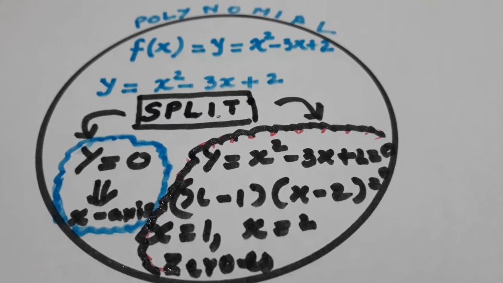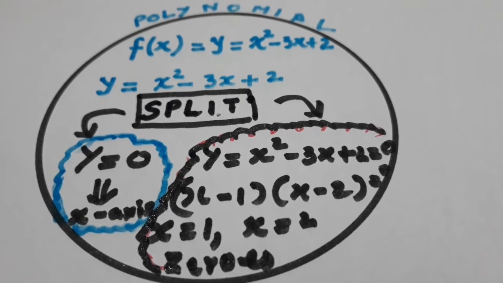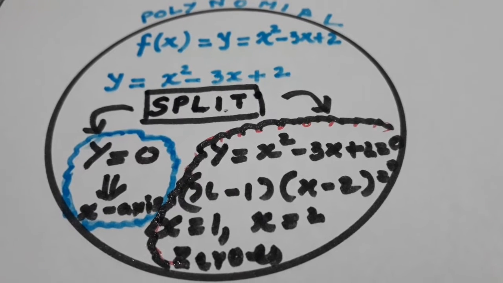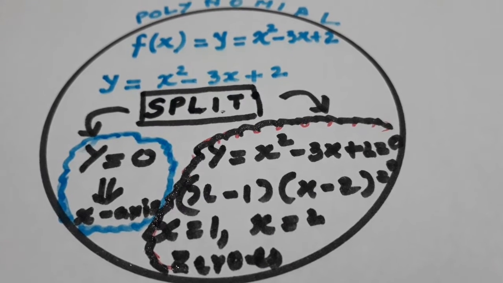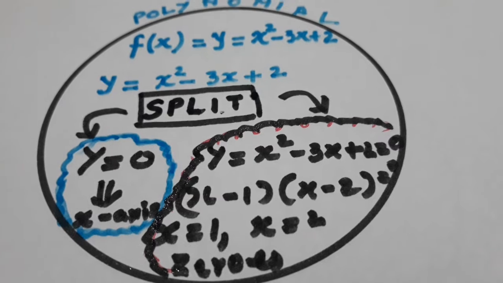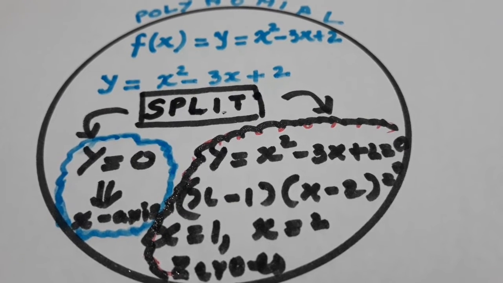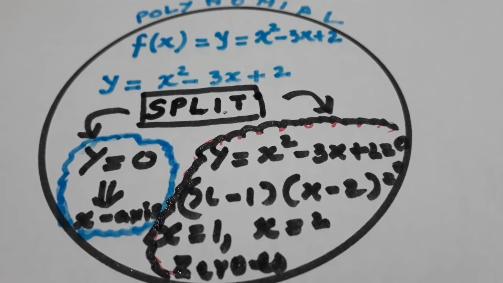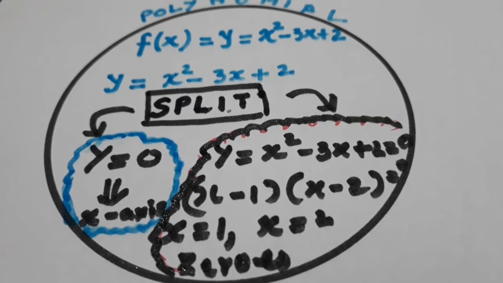Now y equal to f(x) is equal to x square minus 3x plus 2. It means y is equal to x square minus 3x plus 2. Now let us split. Put y equal to 0. Y equal to 0 is the x-axis, you know.